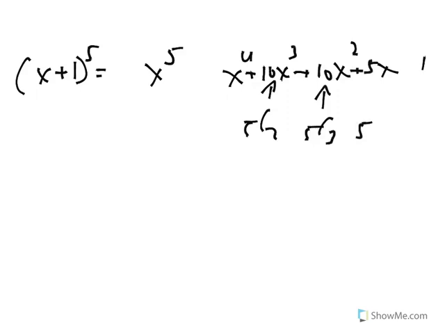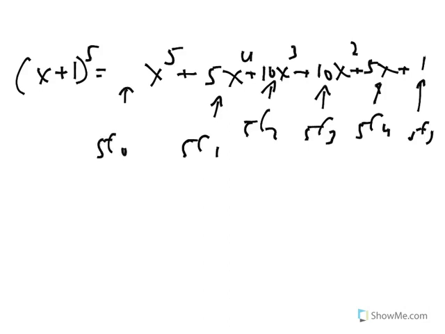For the x, it's going to be 5C4. If we want, we can call the constant 5C5. In front of the x to the 4th is 5C1. And in front of the x to the 5th is 5C0. So using combination numbers, we could expand things.